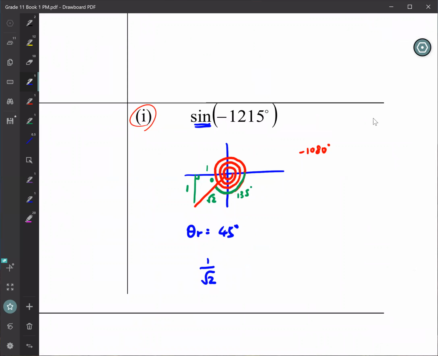So we are in quadrant 3. Will the answer be positive or negative now? It would be negative because sine is negative there. Yeah, sine is negative in quadrant 3. So you need to get the right reason for negative. It doesn't matter if the angle is positive or negative, it doesn't affect your sign.